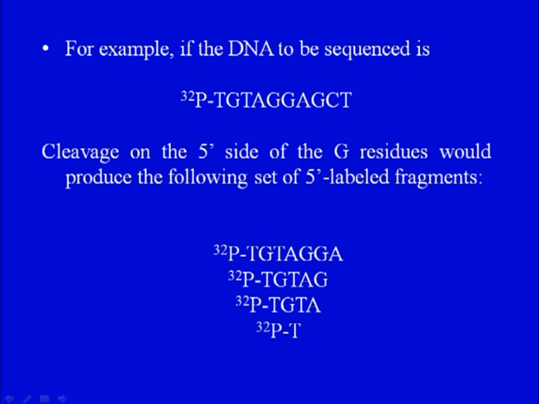The smallest one will be T; if it occurs at the next G, you get another bigger fragment, and finally you get the largest fragment. That is what you can see on the gel when you run the acrylamide gel. You can see only the labeled fragments; the other fragments will not be seen here.